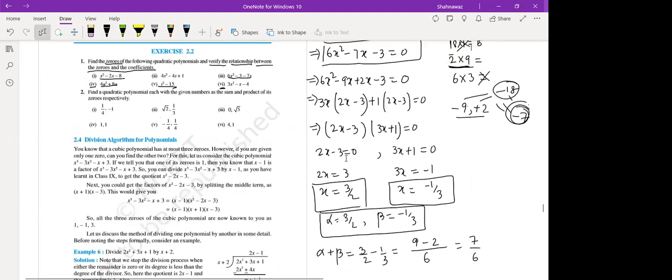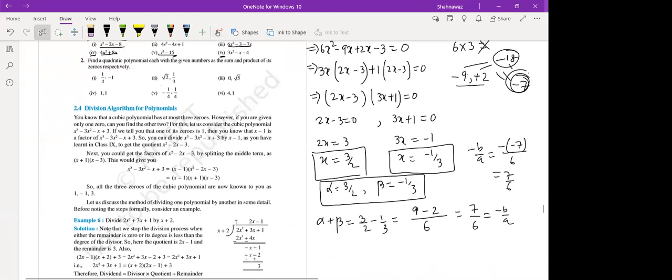Now, where is the equation? Your minus b by a is equal to minus of minus 7/6, so 7/6. So alpha plus beta is minus b by a. Proved.